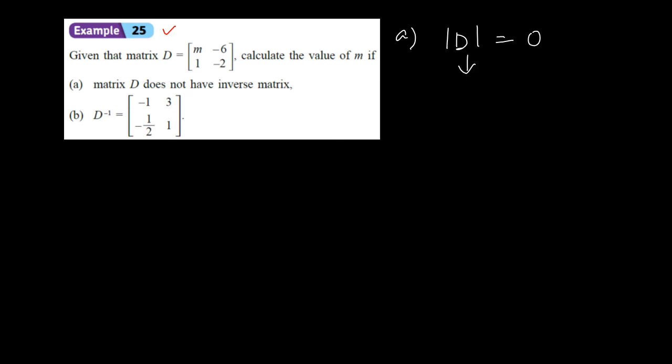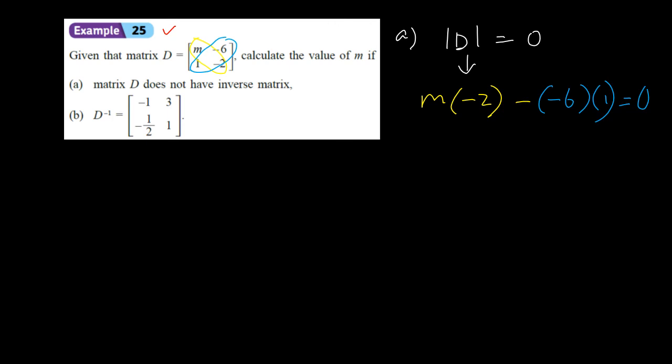So determinant, how to calculate? M times negative 2 minus, that is the formula, minus negative 6 times 1, will be 0.